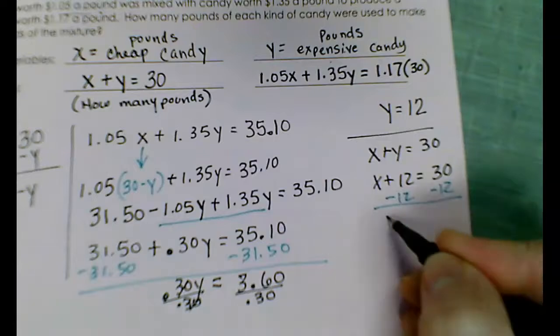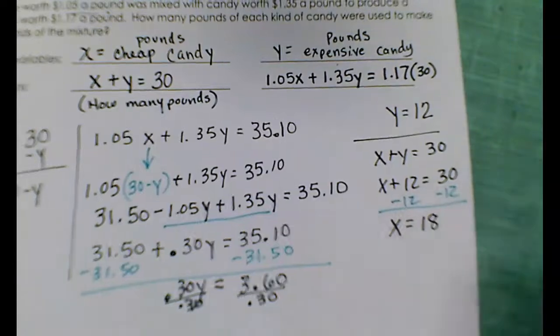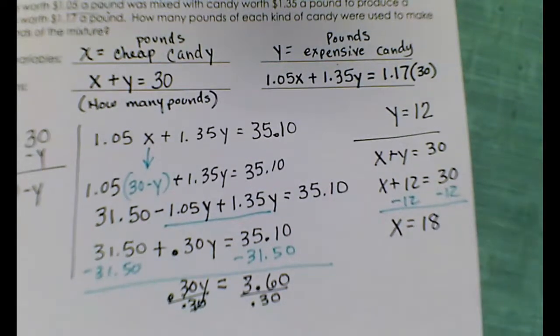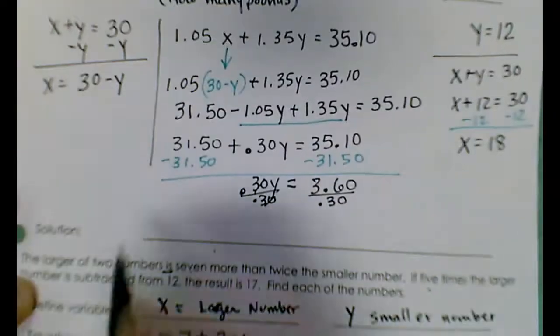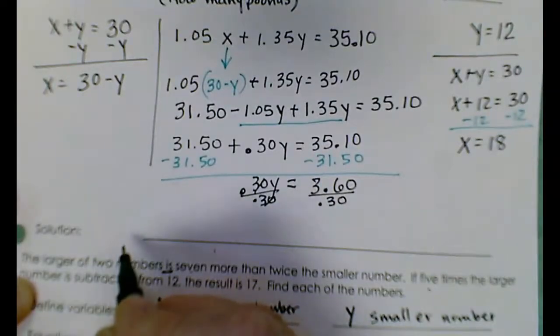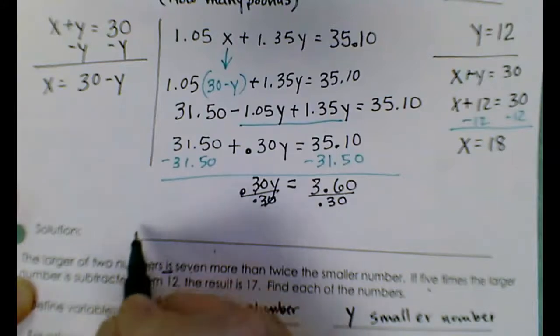Read the original question to make sure we're finding out what we were supposed to be finding out. What did x represent in this problem? It doesn't give a person's name.